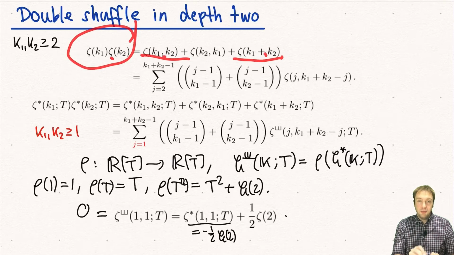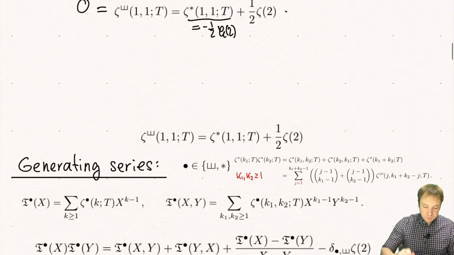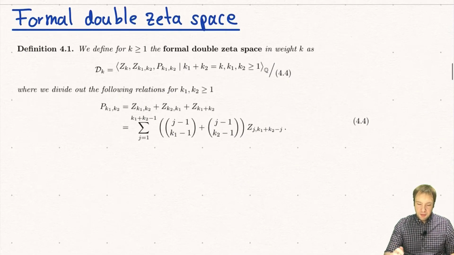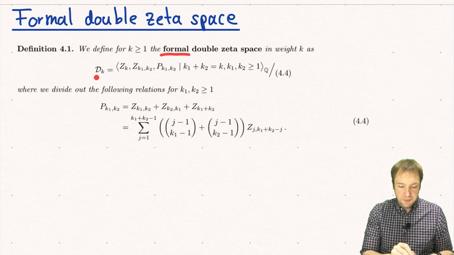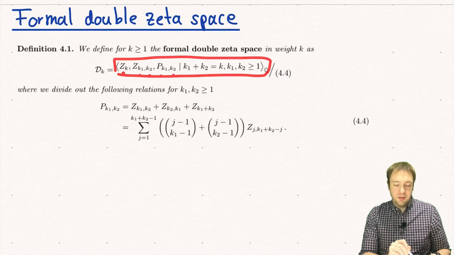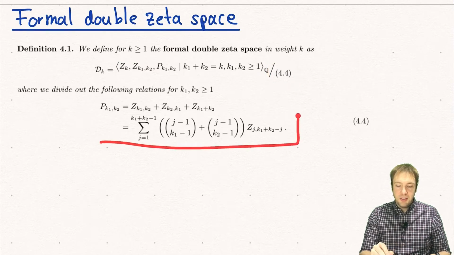For all three types we will introduce a formal symbol, and then we consider the span by these symbols modulo these relations. And this is what we will call the formal double zeta space. So again, the formal double zeta space is defined as the Q-span of these formal symbols z_k, z_{k1,k2}, p_{k1,k2}, and then we divide out this relation here.